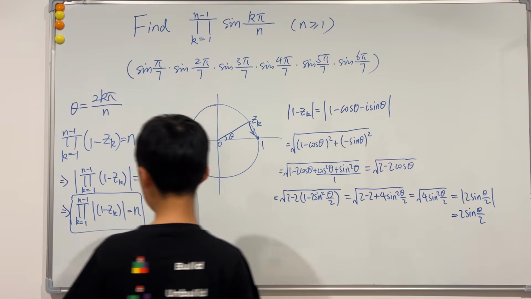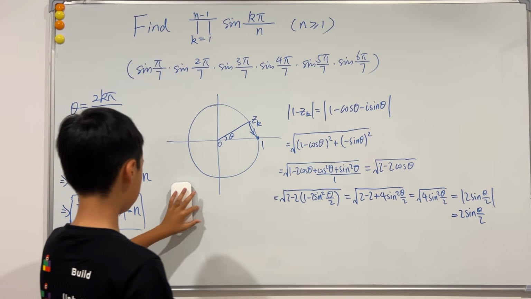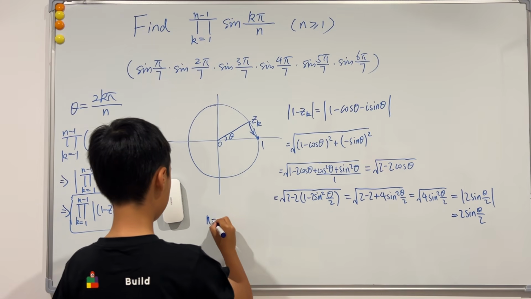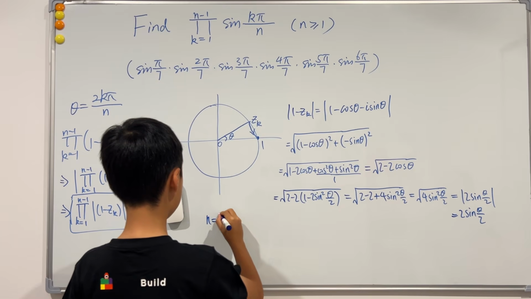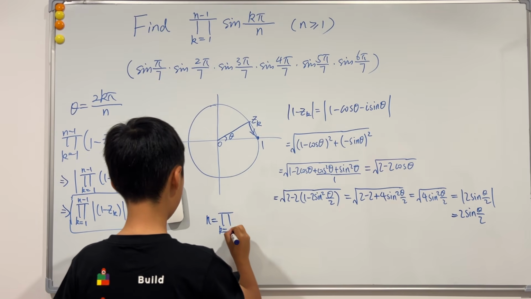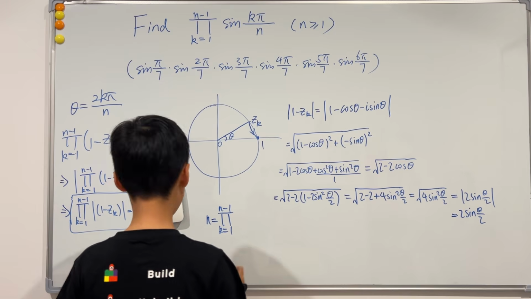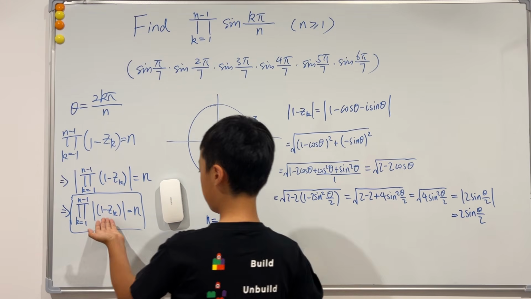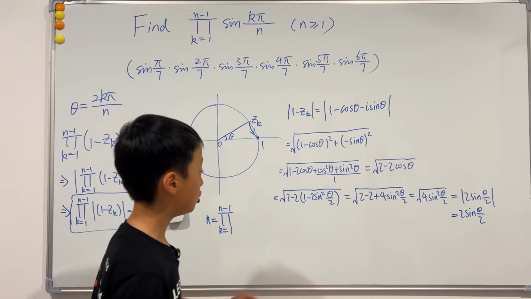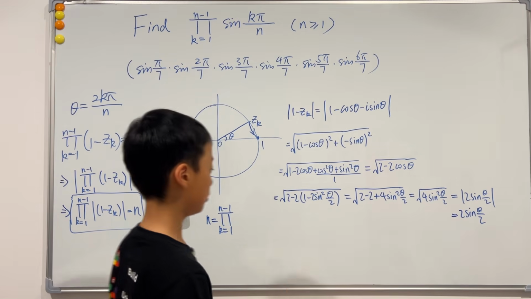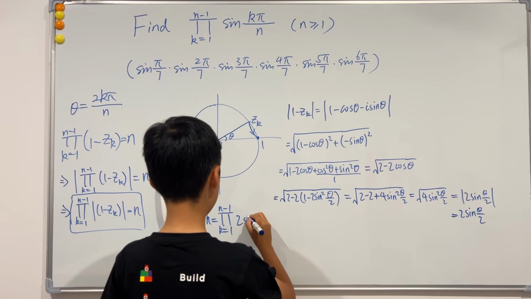So if we just plug it into this, then we see that n is just equal to capital Pi, k equals 1 to n minus 1, of the modulus of 1 minus zk, which is just this 2 sine theta over 2.